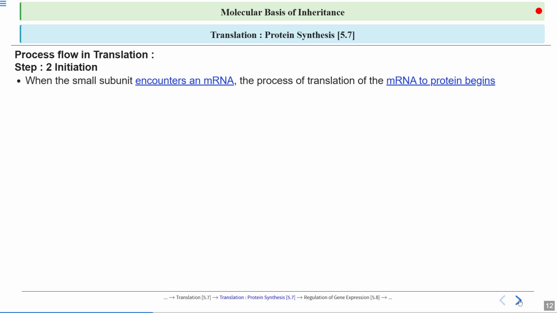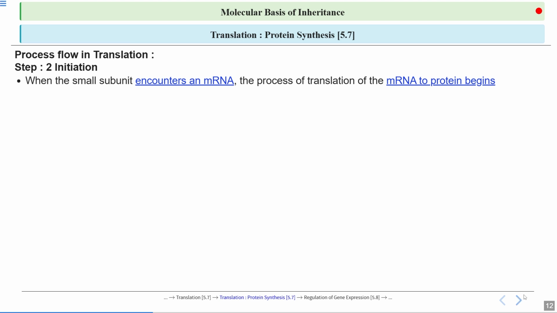Next step is initiation. Now what happened? When the small subunit encounters an mRNA, the process of translation of mRNA to protein begins. We know that the ribosome has two subunits. First, the small subunit encounters the mRNA, on which there is the genetic code.